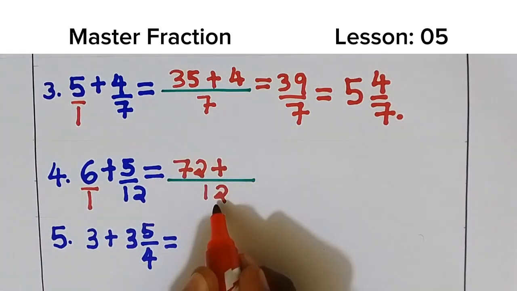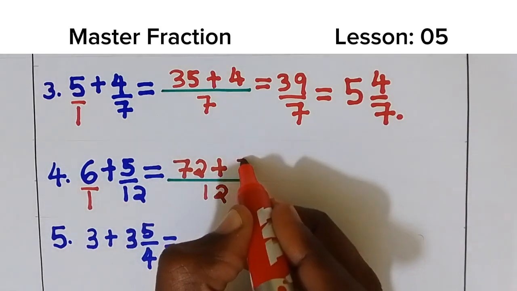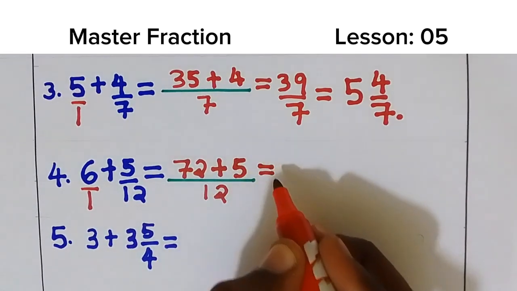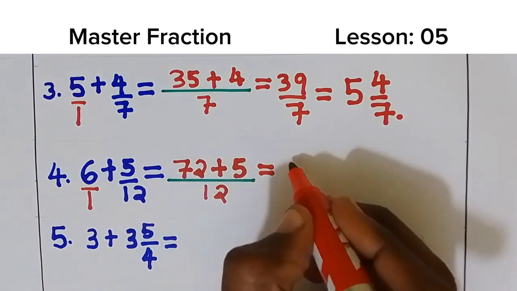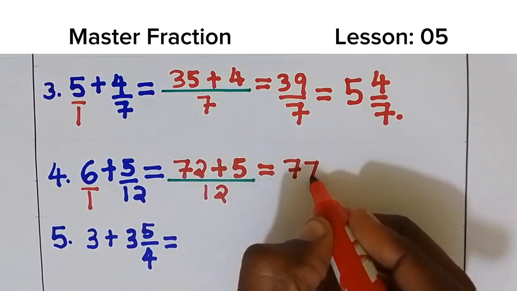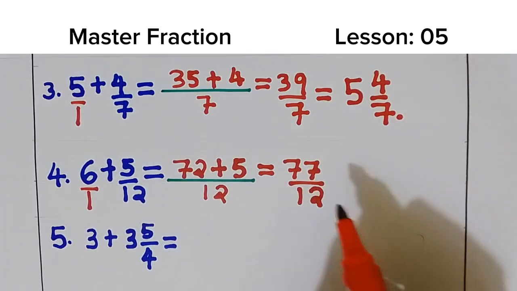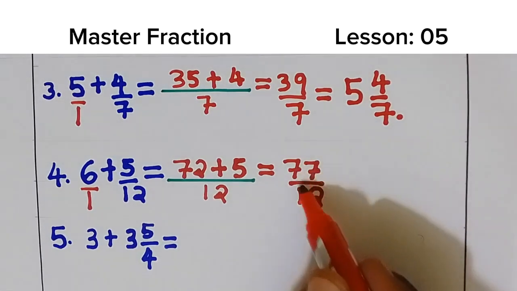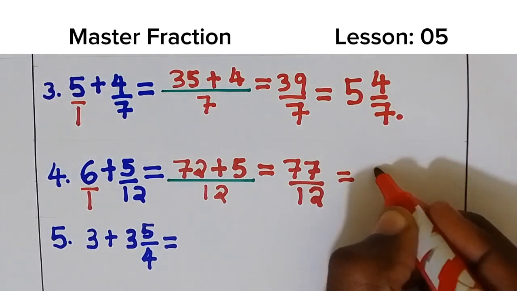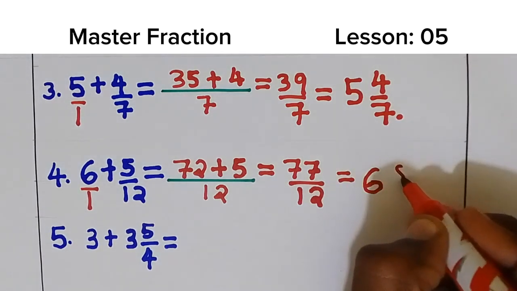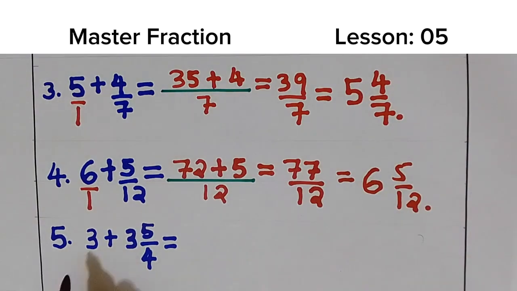Plus 12 divided by 12, we get 1. 1 multiplied by 5, it is 5. 72 plus 5, going to get 77 over 12. We are going to change 77 over 12 into a mixed number, which you are going to get 5 over 12.